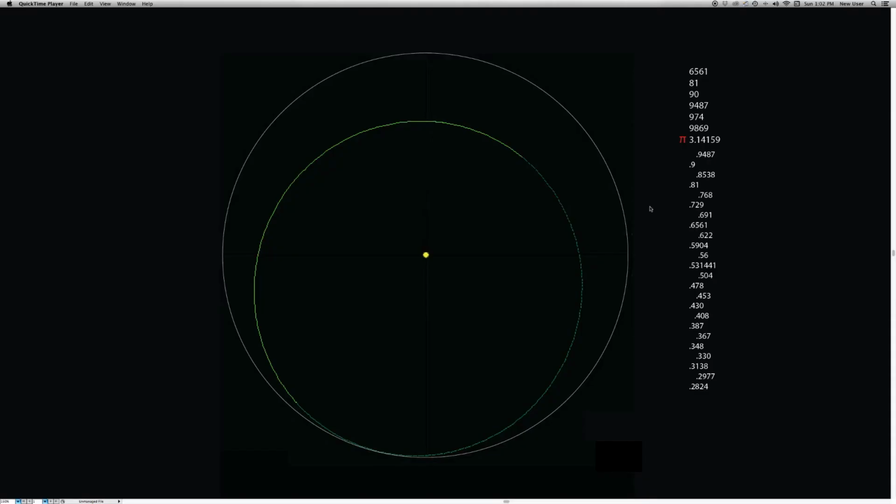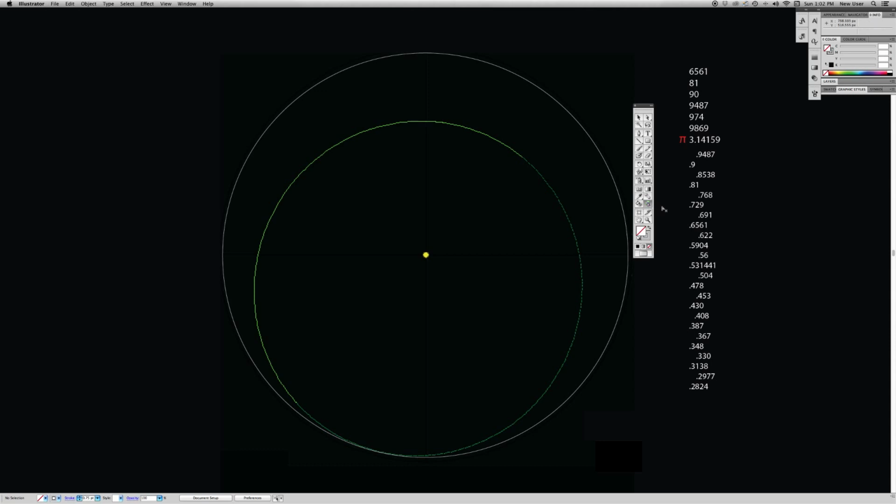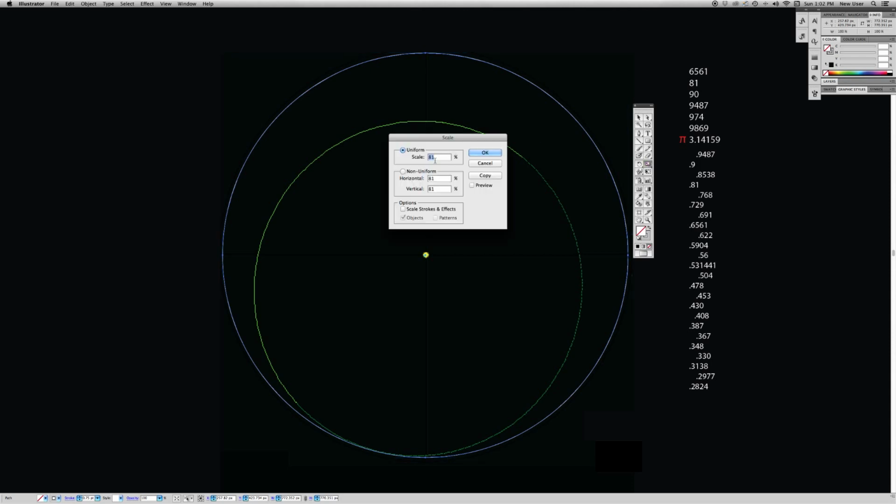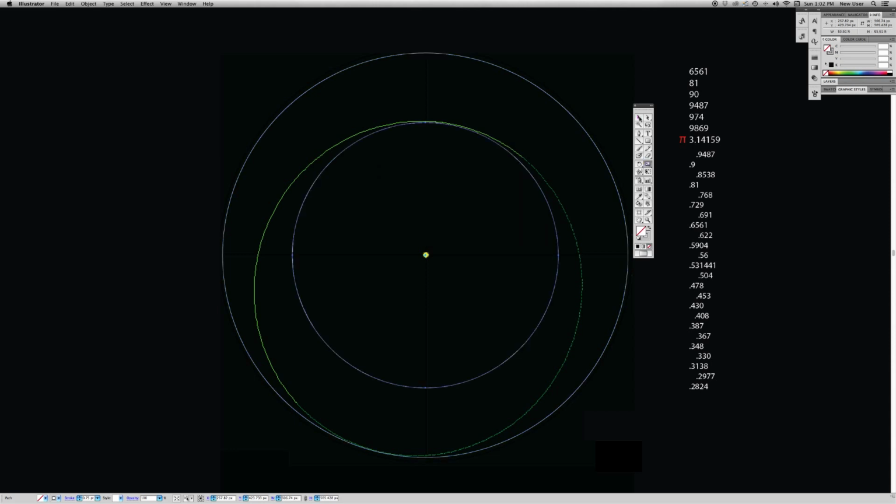The green circle is the orbit of Mercury, and what I'm going to do is take this circle here and reduce that by 6561, and that's going to give me the perihelion of the orbit of Mercury.